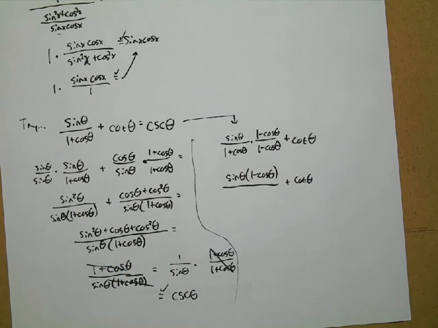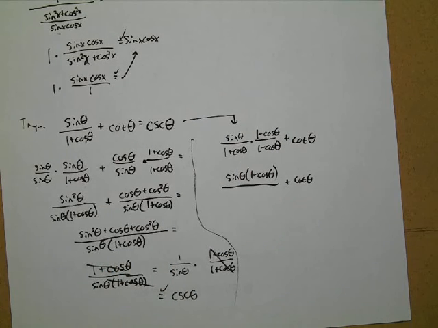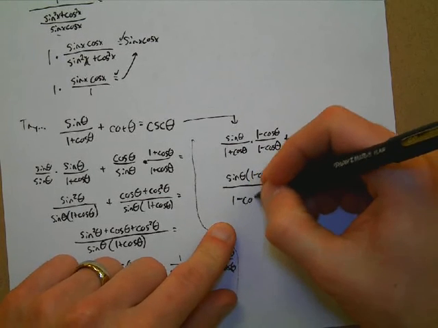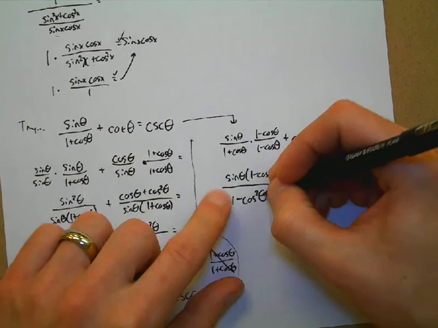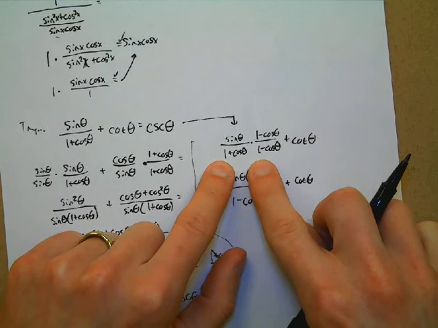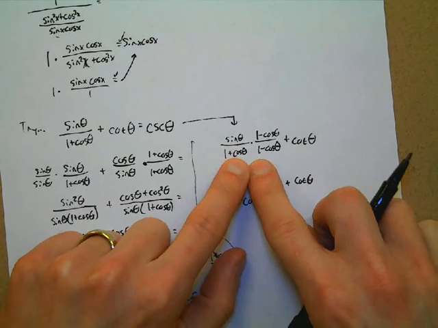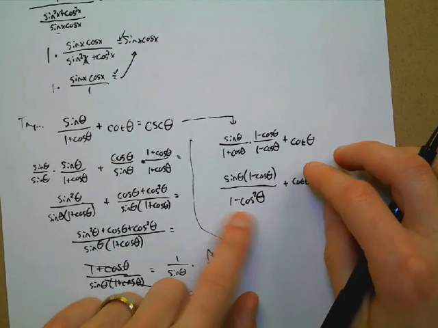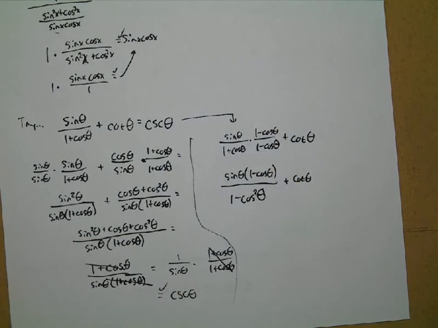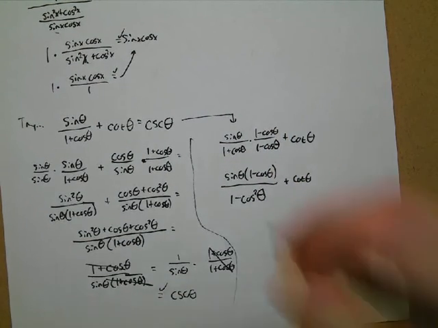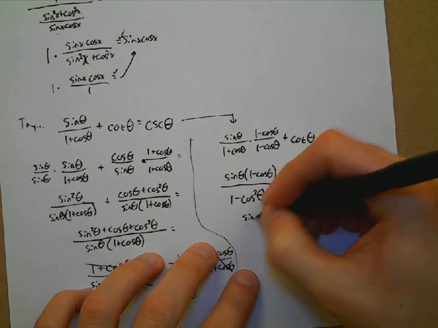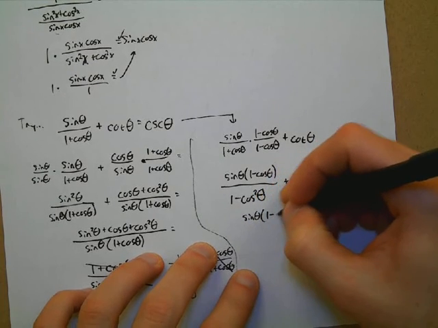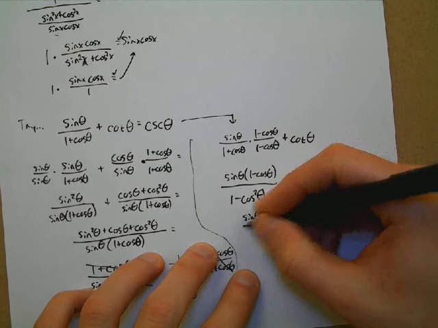Okay, we're left with 1 minus cosine theta over sine of theta. Now if I break up my numerator, I have 1 over sine theta minus cosine theta over sine of theta plus cotangent theta. But what is cosine theta over sine theta? The same as what trig ratio? Cotangent. We have a minus cotangent plus cotangent. What's 1 over sine? Cosecant of theta.